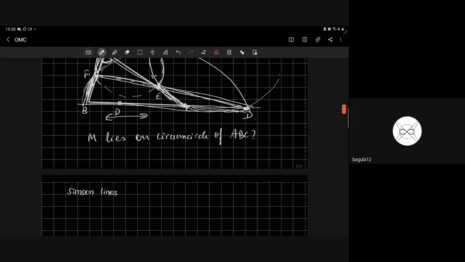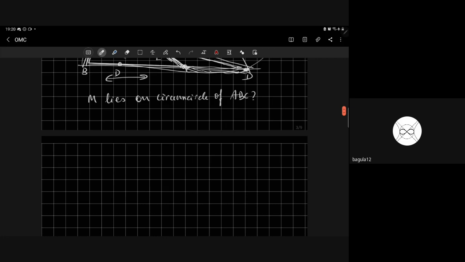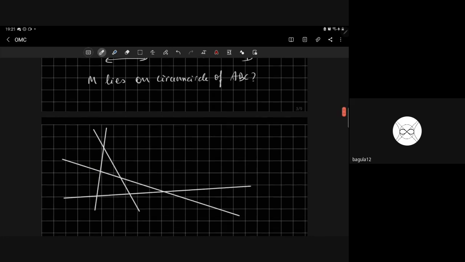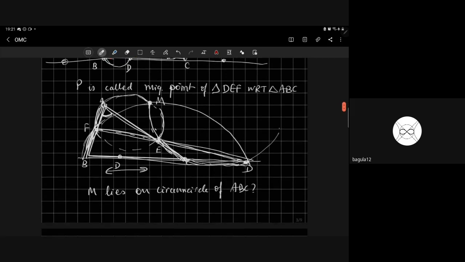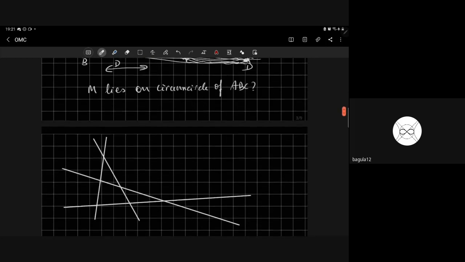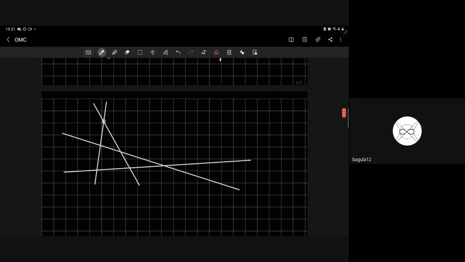So what we have in the table is, if you have 4 lines, the 4 lines here are AFB, AEC, BCD, and DEF. So in general, for 4 lines, the circumcircles of the triangles formed by 3 of them at a time will concur at a point.